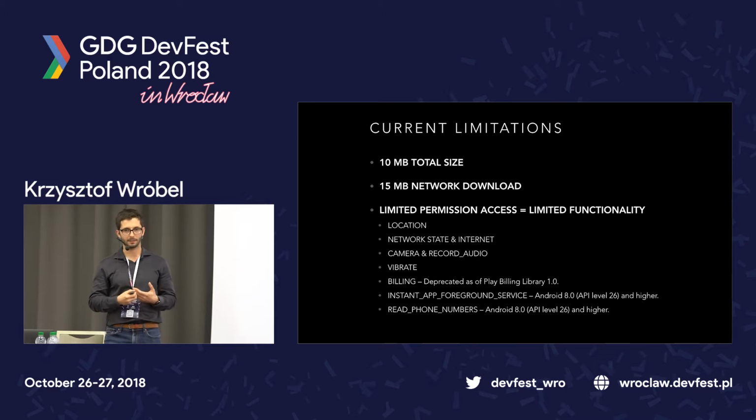There is limited access to permissions, obviously. Those instant app versions are limited in what you can do. For instance, there is no Bluetooth, so you cannot make an instant app version for some, I don't know, Bose headphones, because it will not make sense. You will not be able to connect to the Bluetooth device.